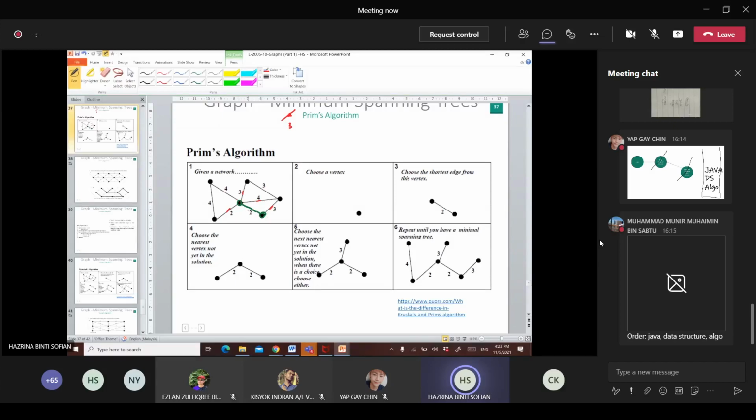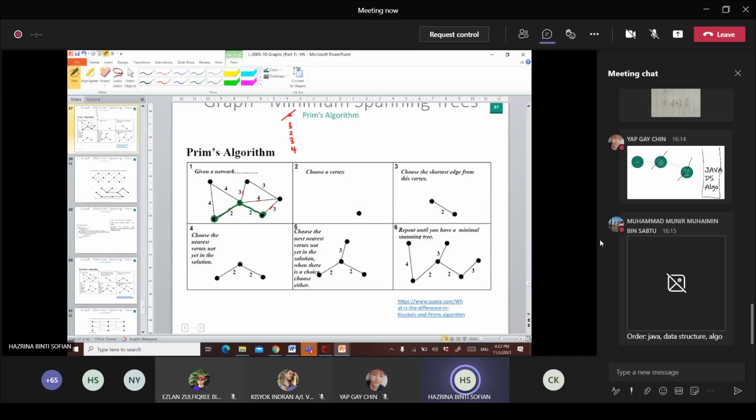So we are here. Over here, we can go to 2, 3, and also 4. Okay, so over here we can see that 2 is the shortest path. Therefore, we will go to 2.